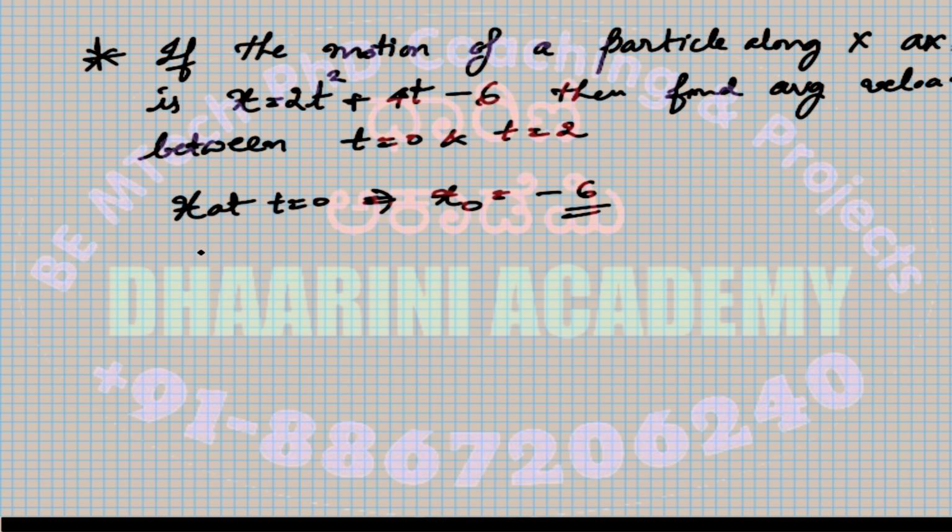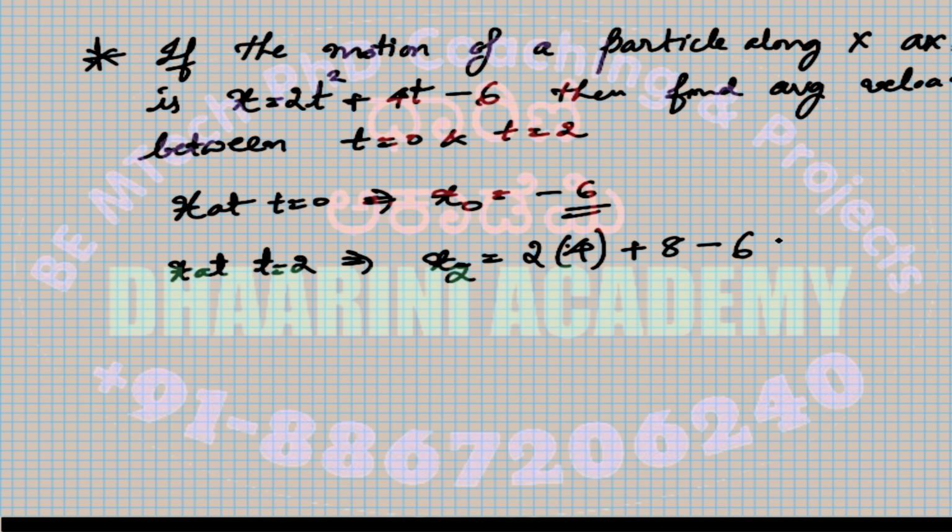All right, so x at t is equal to 2, I'll call this x2, that is equal to 2 into 2 square, so 4, plus 4 into 2, that is 8, minus 6.